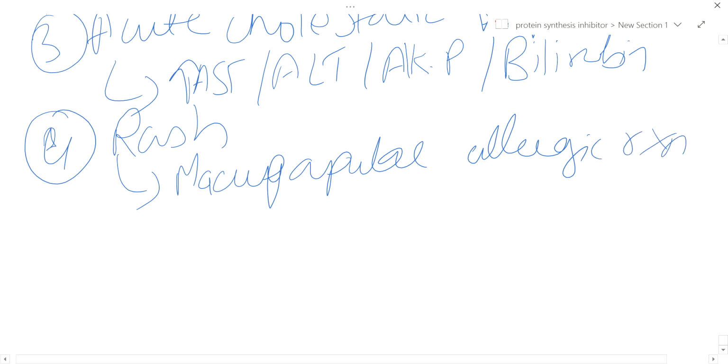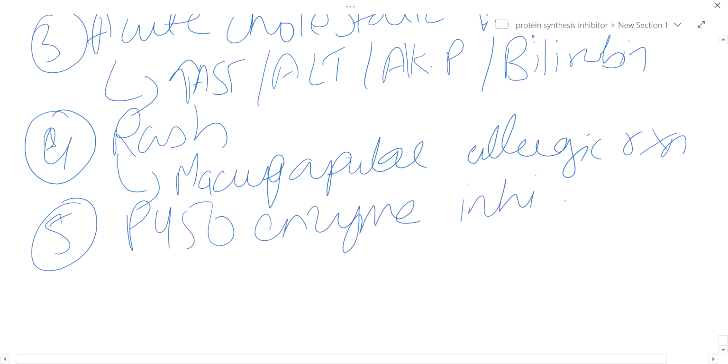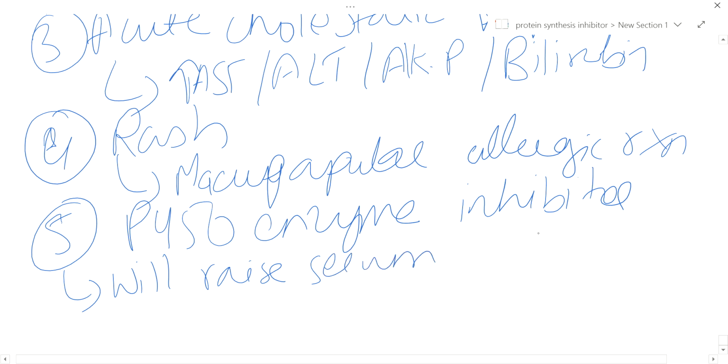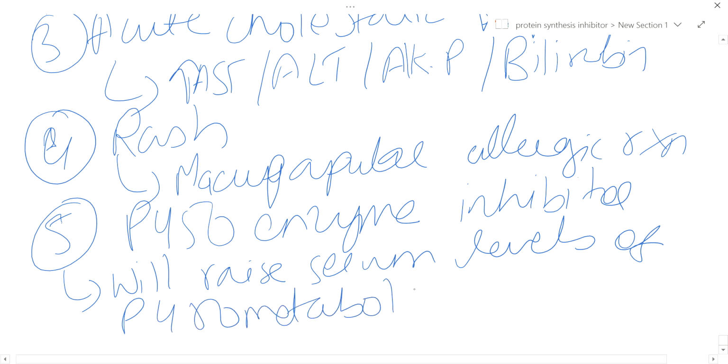And another side effect is that it is a P450 enzyme inhibitor. So it will raise serum levels of P450 metabolized drugs like warfarin and theophylline.